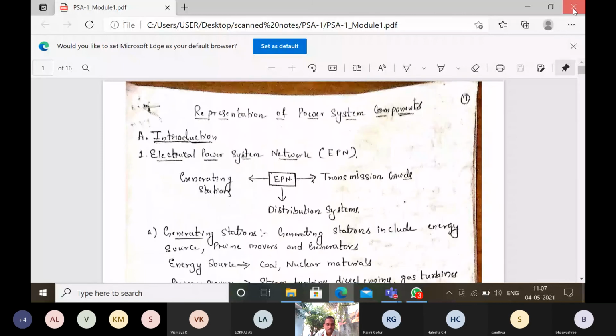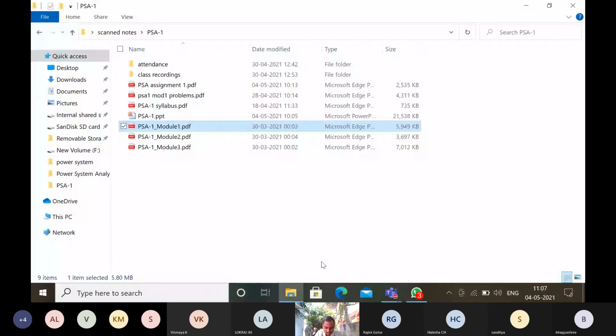Hello? So another topic is missing in these notes, that is per unit, it is referred to the primary side and secondary side. I will share it in your WhatsApp group. Okay. Show that per unit impedance of the transformer.